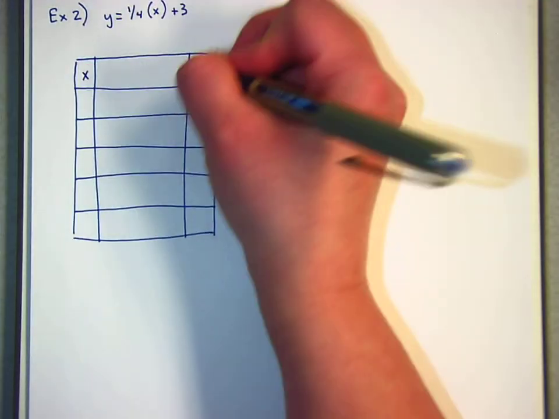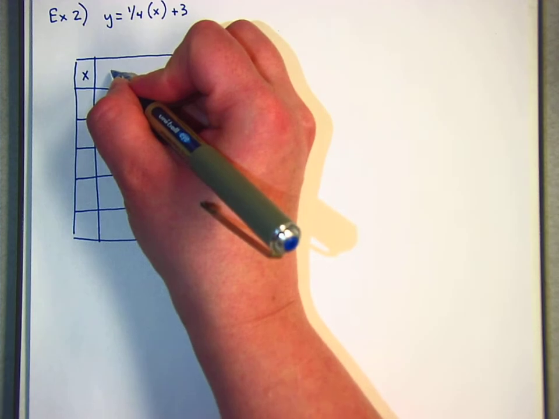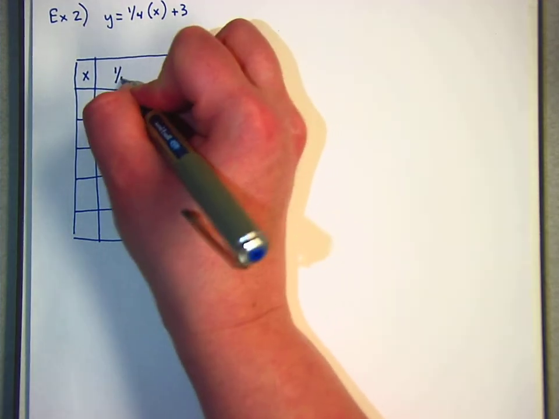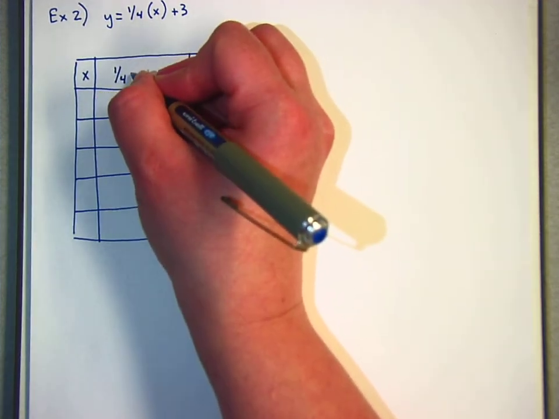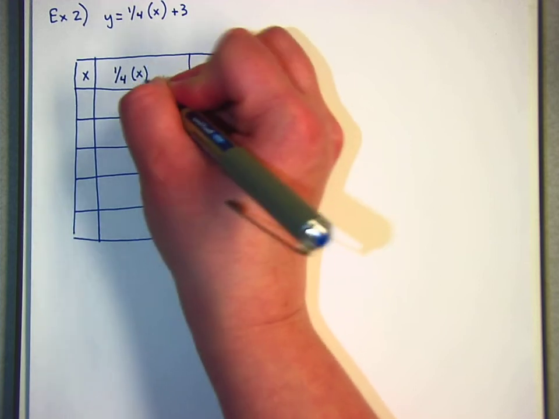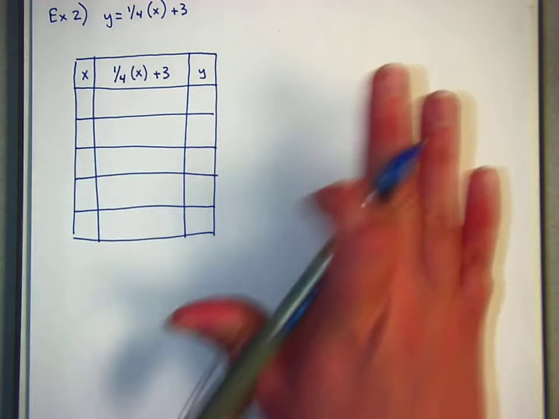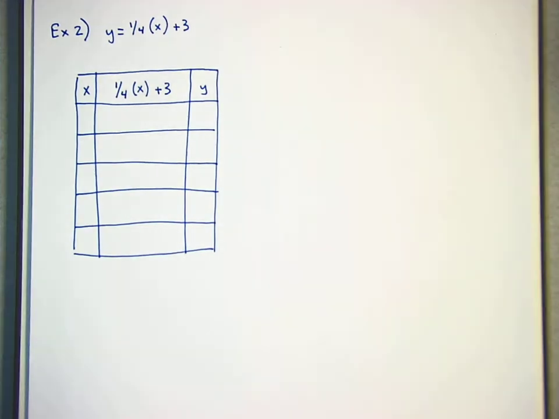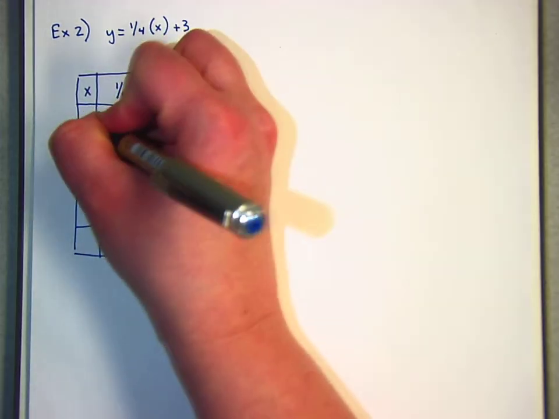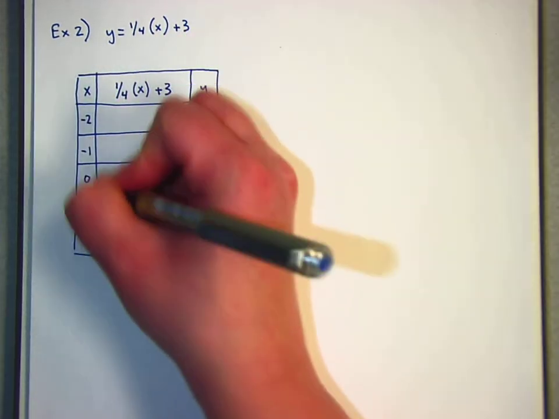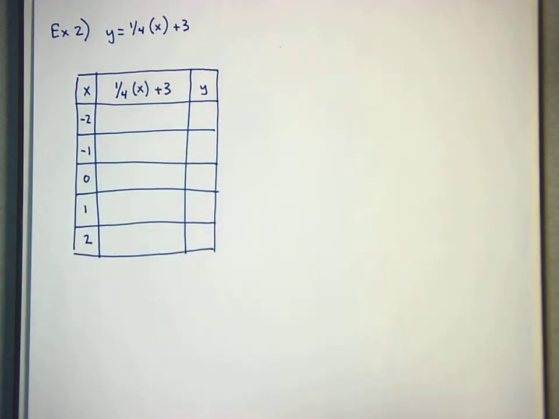Here's my inputs, here's my outputs. Here's my rule, which is 1/4 times x plus 3. I'm going to choose to go again with -2 to +2. As far as what the inputs could be, they could be anything you want them to be, but generally I like to make my inputs -2 to +2 to see kind of what's happening around 0.